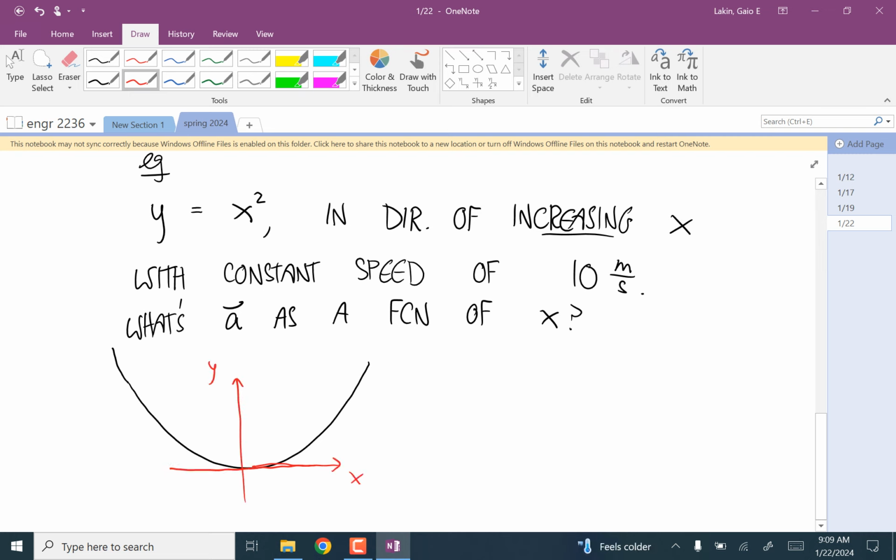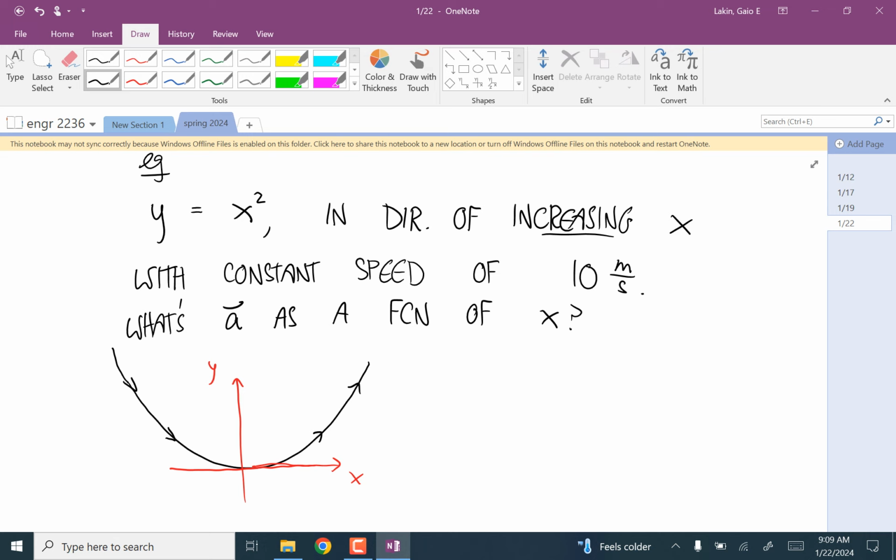There's x and y. And I said it's moving in the direction of increasing x, which means it's moving this way along the path. And it's moving with a constant speed. We're trying to calculate the acceleration.